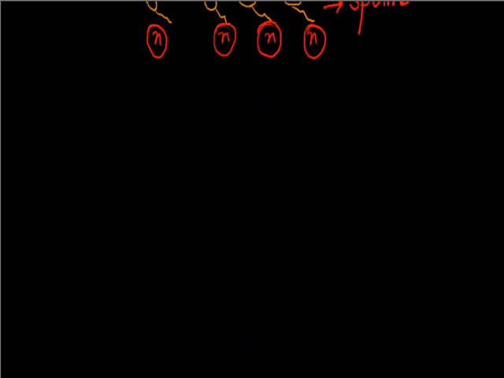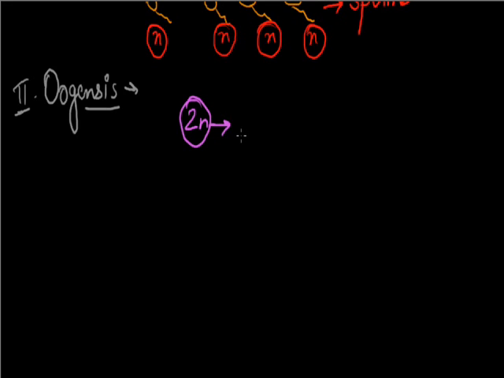Now the next process we'll study is oogenesis. Oogenesis is also formed like spermatogenesis by meiosis, and haploid ovum will be formed. Oogenesis starts from the oogonium, which is the mother cell that will produce the ovum.